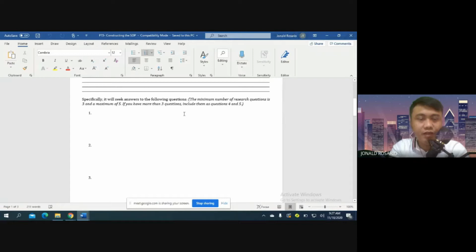Pwedeng sa number 1, what is the profile of the respondents in terms of A, yung edad nila, B, sex, and so on.